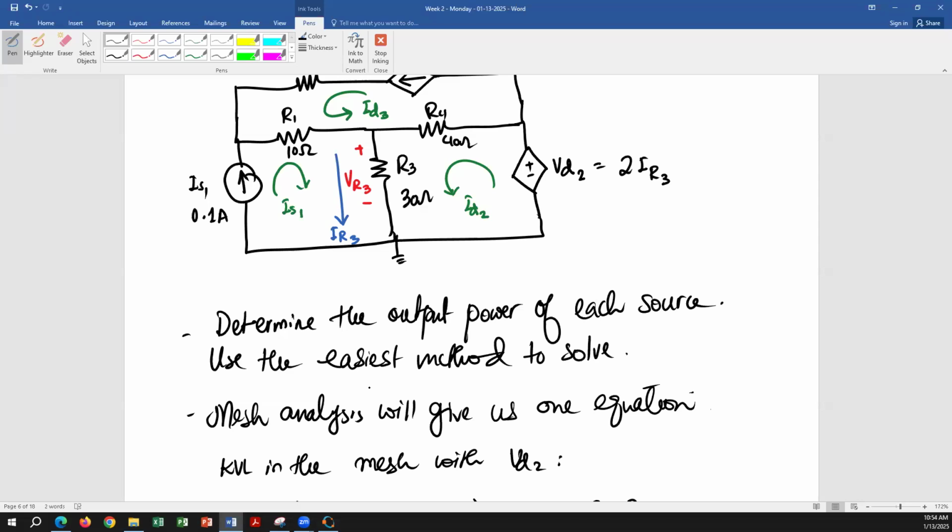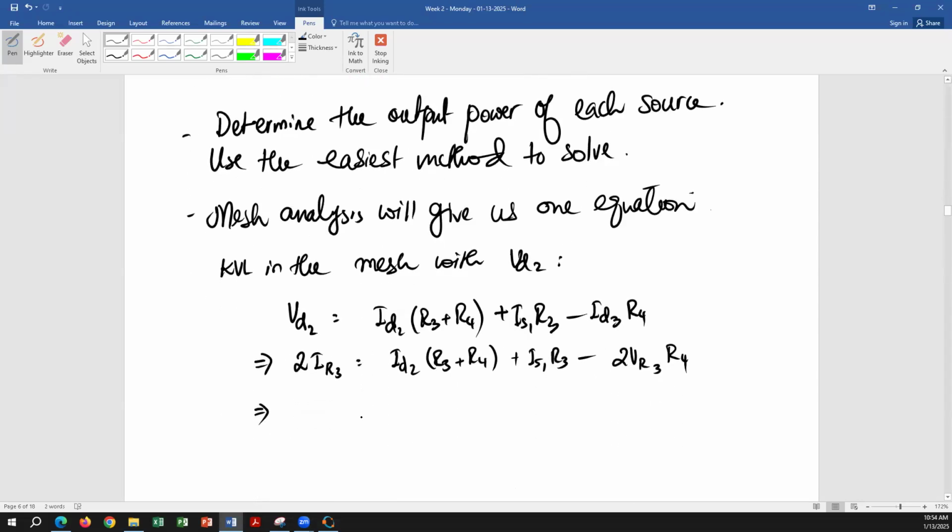What is that current? IS1 plus ID2, exactly. Remember, we are looking for ID2. So write it down in terms of ID2. So IR3 is IS1, which we already know, plus ID2.